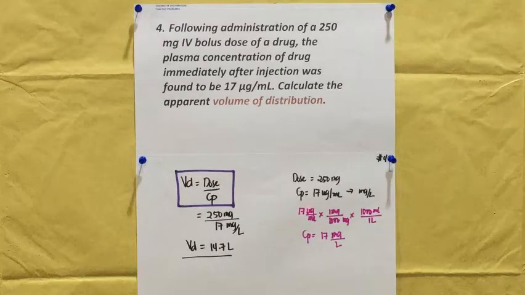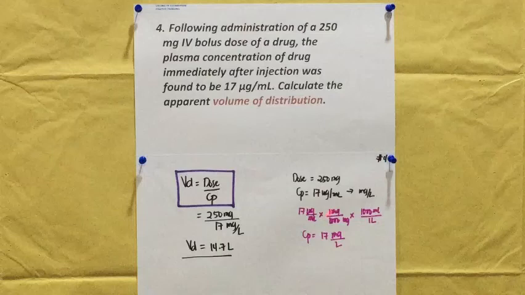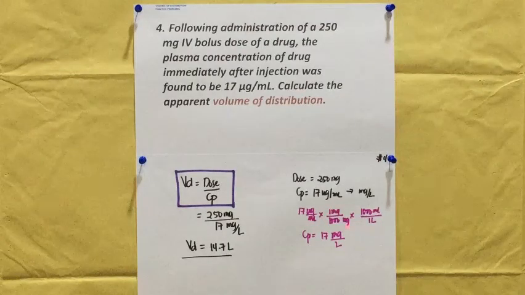So 17 microgram per ml times 1 milligram over 1,000 microgram, since there are 1,000 microgram per milligram. Then multiply again with 1,000 ml per liter. By doing this, we can cancel the microgram and the ml. So we will be left with milligrams per liter.